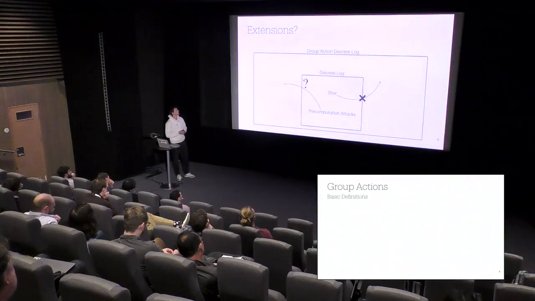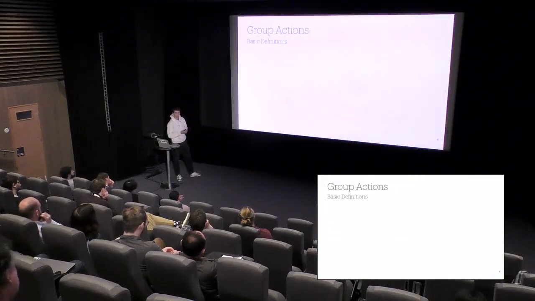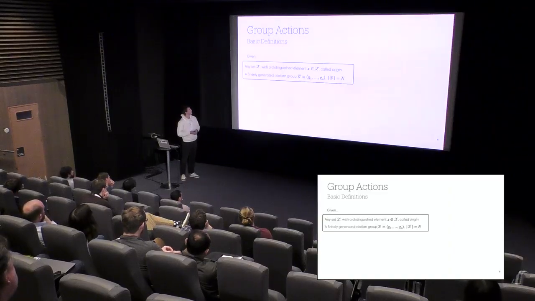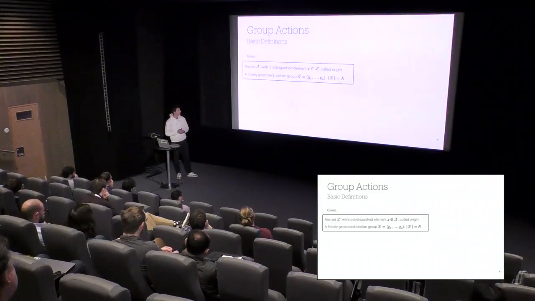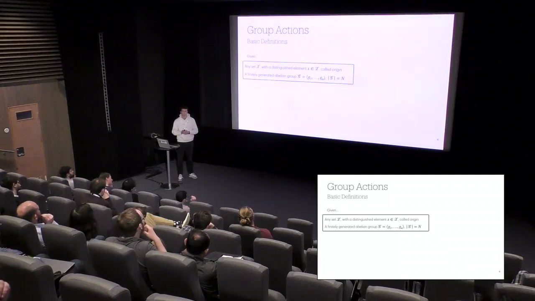Good. Now let me give you some basics about group action. Maybe I will go a little bit quicker since we've already had them. Okay, we need any set X in which we also want to fix a distinguished element, which we will call origin, and then also a finitely generated abelian group.